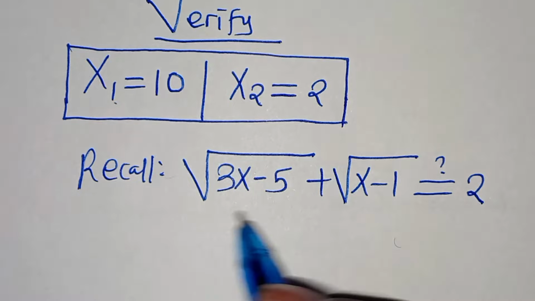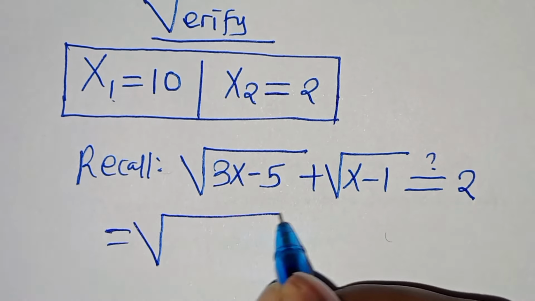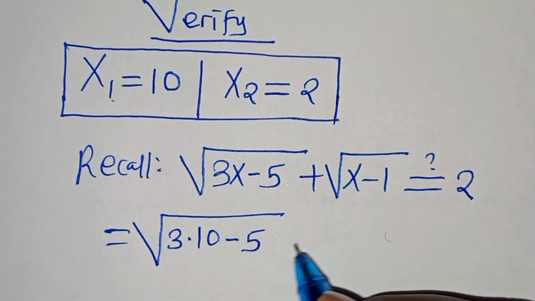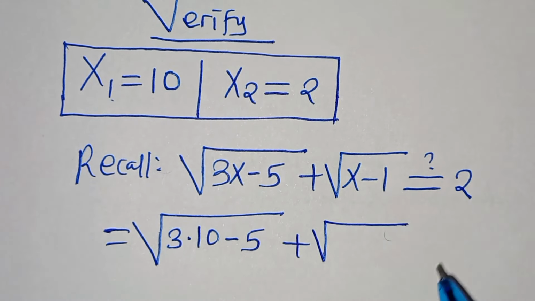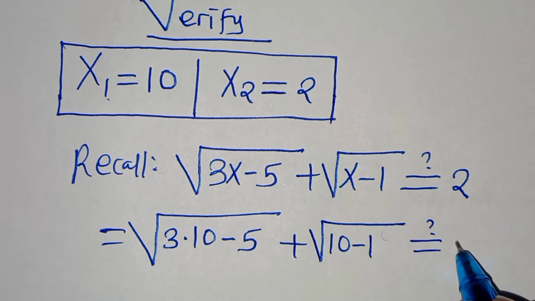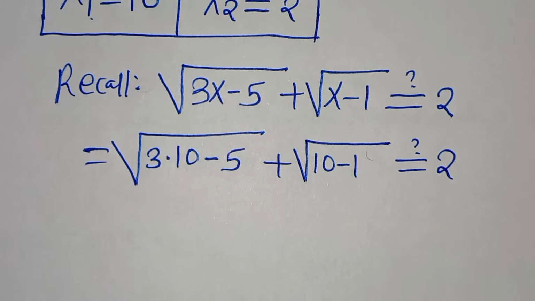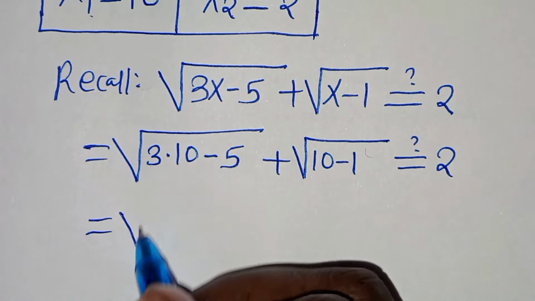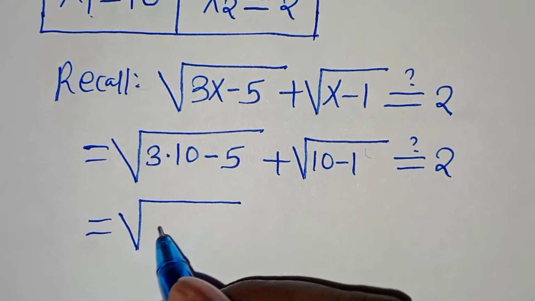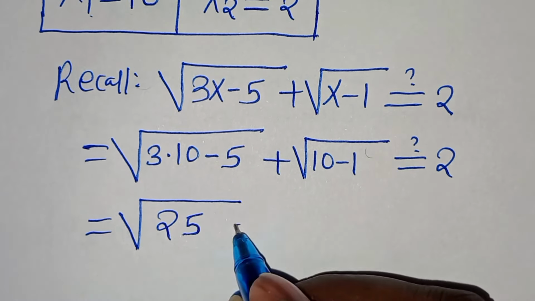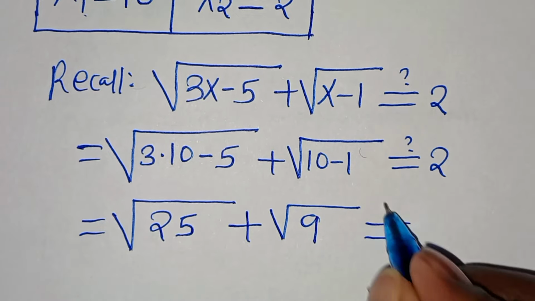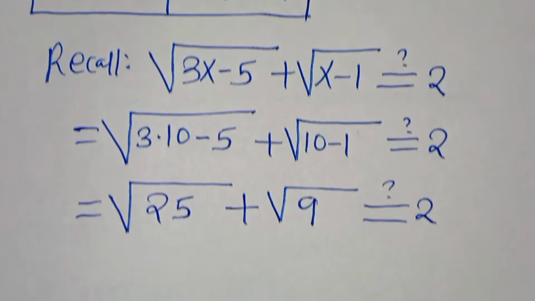Let's substitute x1 so that we have square root of 3 times 10 minus 5, then plus the square root of x is 10 minus 1. This should give us a value of 2. So this means that here we have the square root of, this is 10 times 3, this is 30, minus 5, this is square root of 25, then plus square root of 10 minus 1, this is square root of 9. This should give us a value of 2.